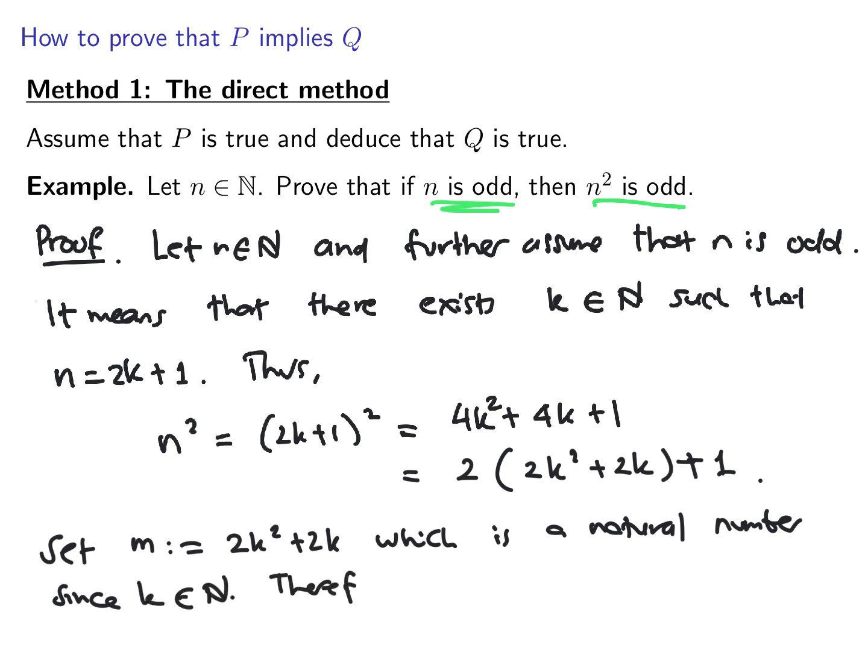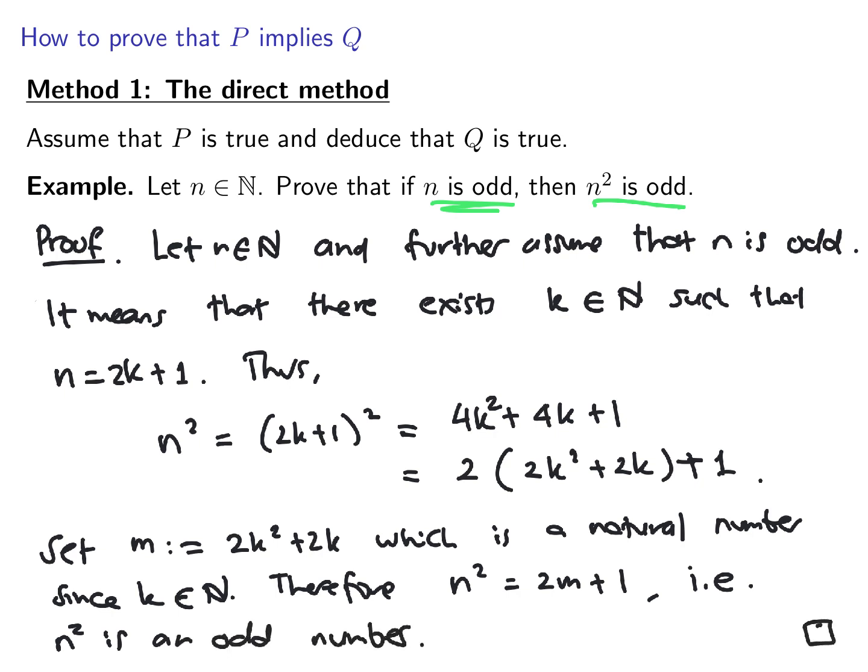Therefore, n squared is equal to 2m plus 1, i.e. n squared is an odd number. And we are done with the proof. So again, we assume that P is true, and we deduce that Q is true.